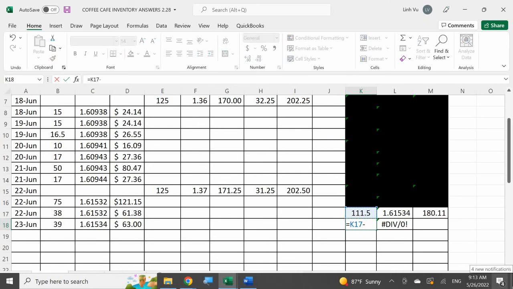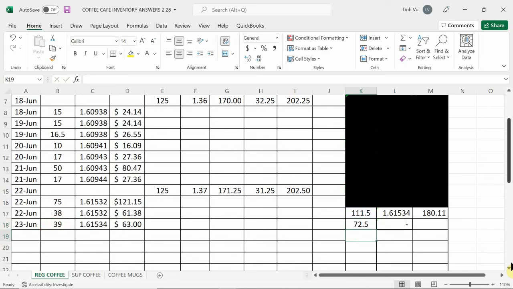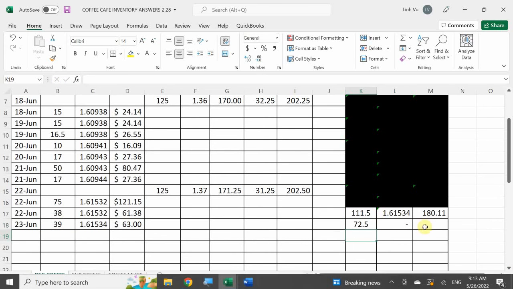How many pounds should I have left if I used 39? I should have 72 and a half.